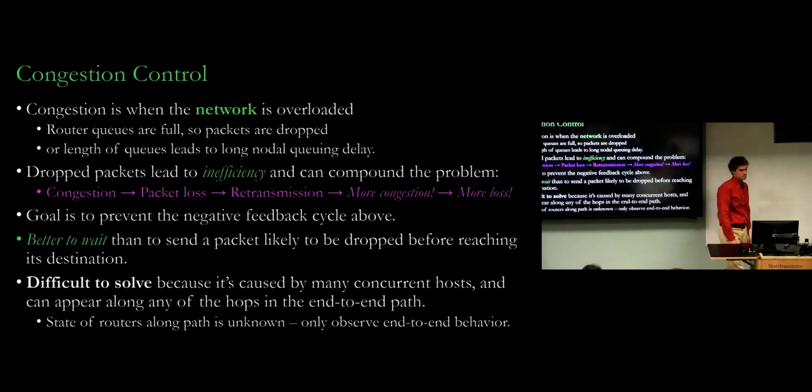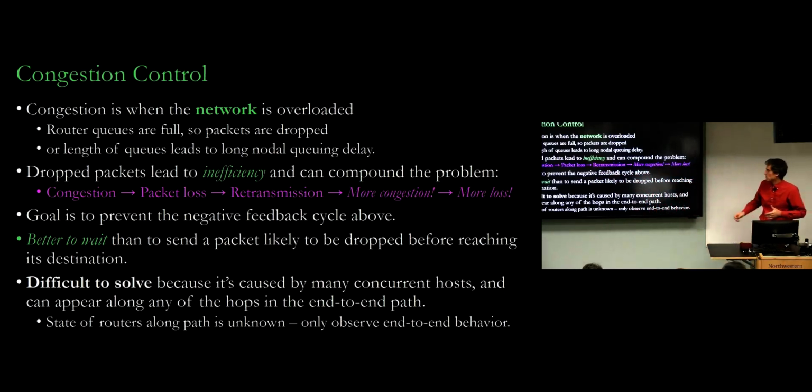And one important point, which is not totally obvious, is to motivate congestion control: why do we need it? If we have mechanisms to react to dropped packets, we know that TCP will retransmit if a packet is lost. Why do we care? Because dropped packets lead to a lot of inefficiency and compound the problem.